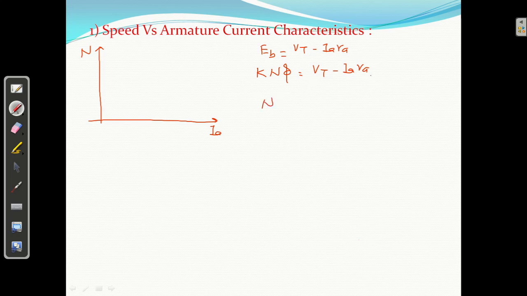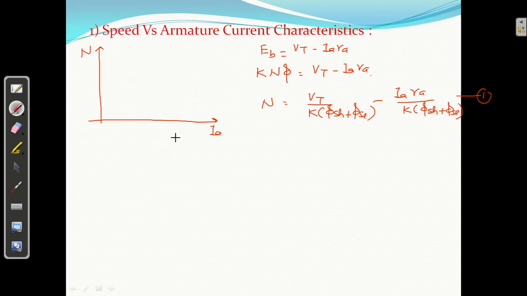So N equals Vt upon K phi. Phi means phi shunt plus phi series. Here we have two fluxes in place of one. N equals Vt minus Ia Ra upon K times phi shunt plus phi series. So this is the speed graph.